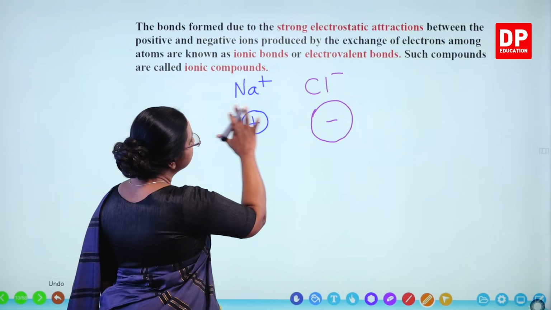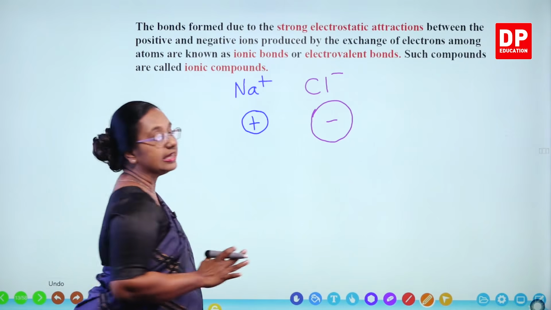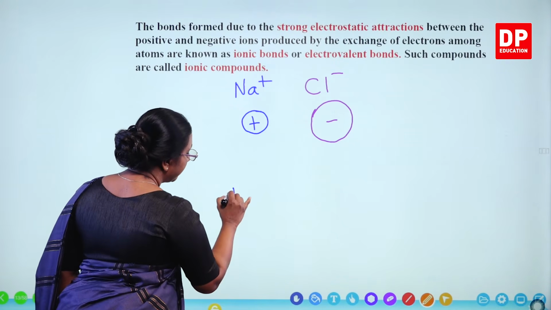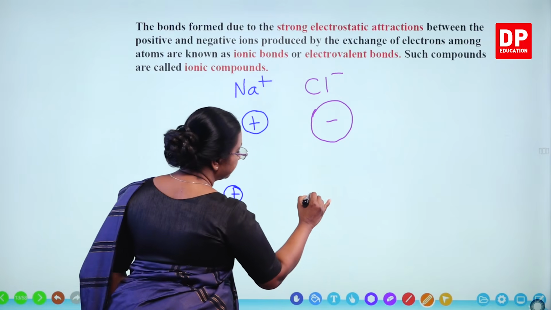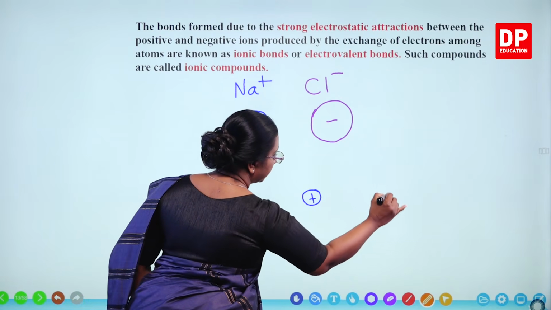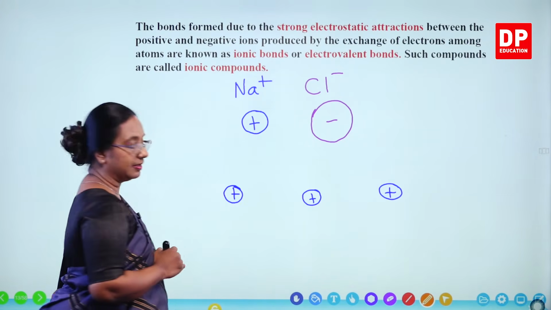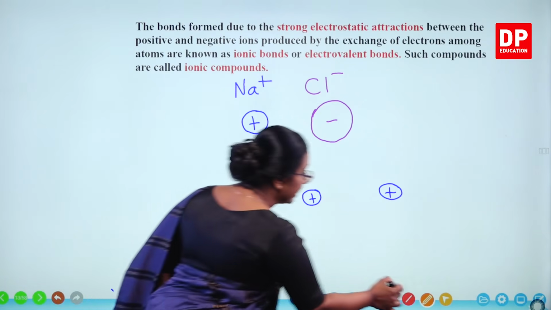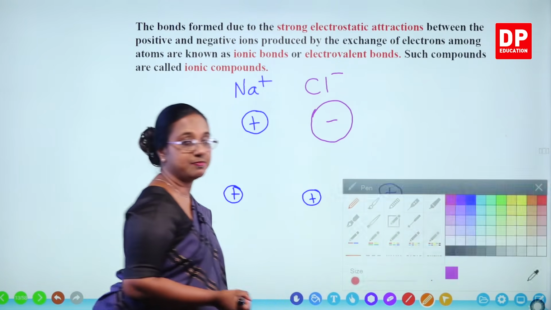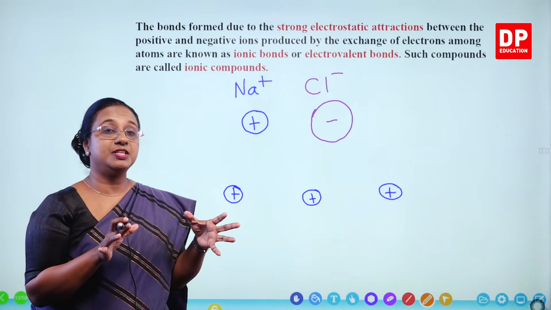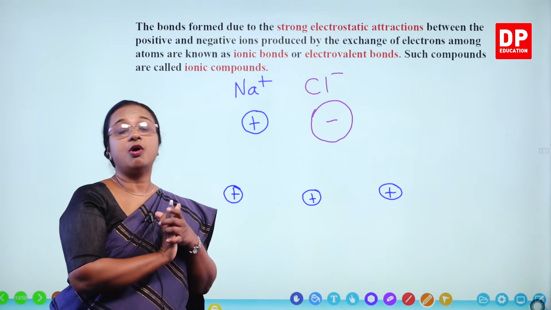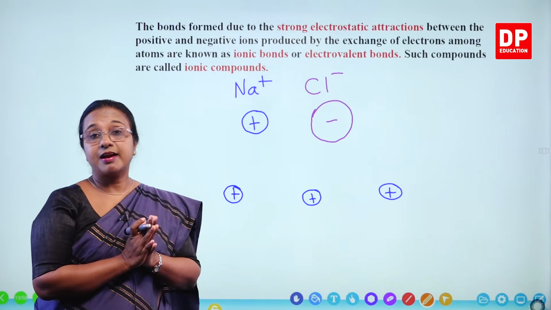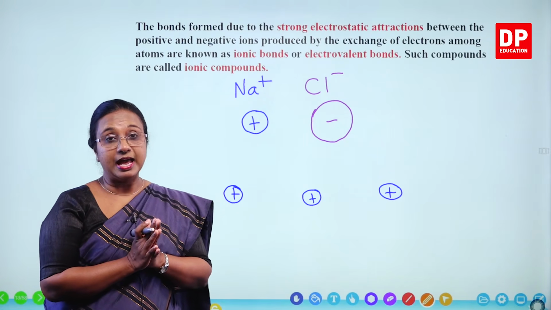So here you can see this is the positive ion and the negative ion. Now what happens is there are positive ions arranged in a certain manner. Around these positive ions, the negative ions arrange themselves because all the positive ions can get attracted to all the negative ions. That is, the sodium ions are attracted to the chloride ions.